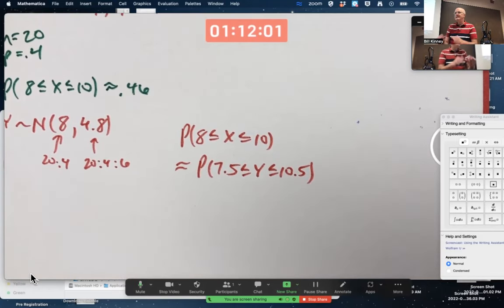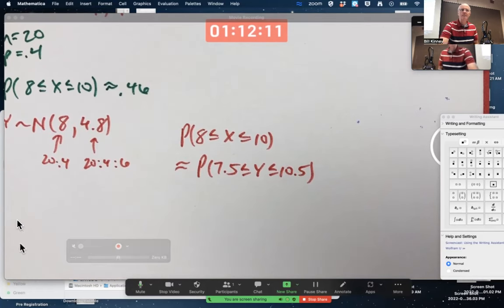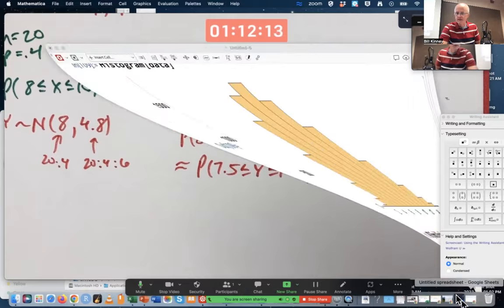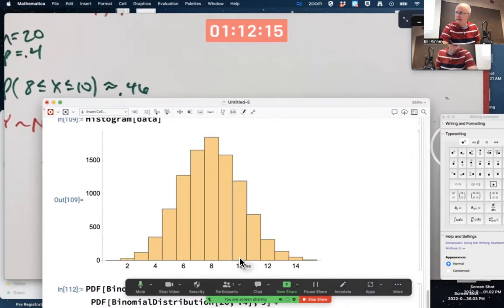Draw a little picture, even if it's not super accurate, of a histogram showing which bars you need to approximate the area of, and label the whole number values in the middles of the bars, like 8, 9, and 10, to figure out the area you're after.